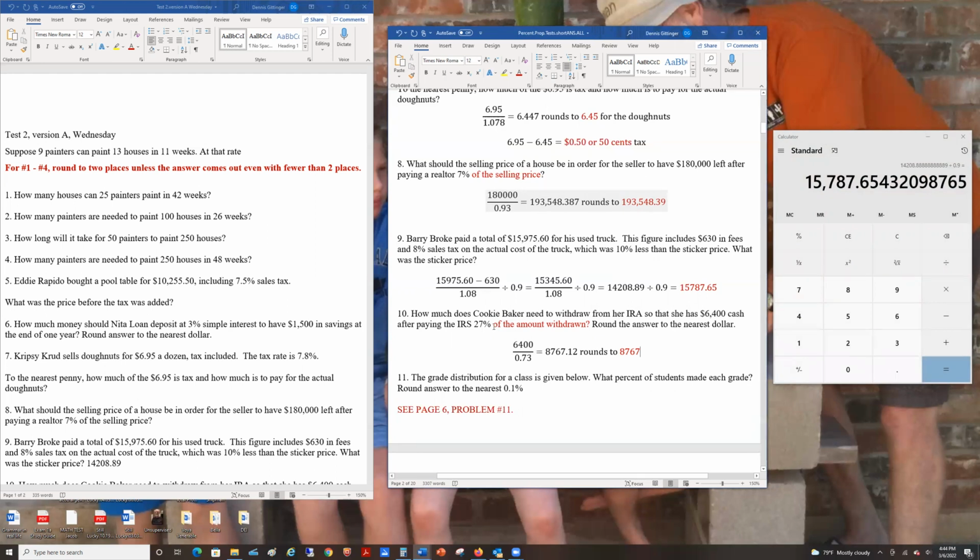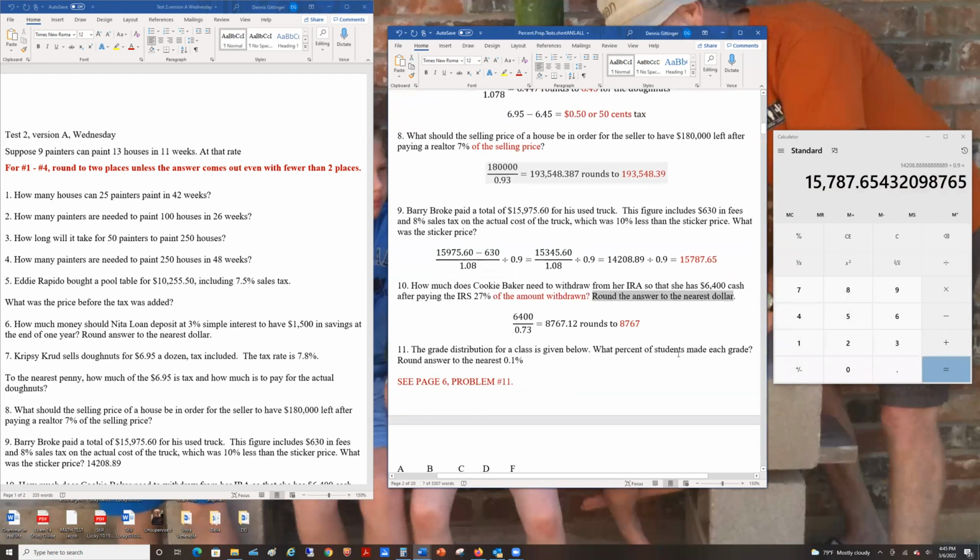That means the amount you withdraw times 0.73 must be 6,400. So I divide 6,400 by 0.73 and I get that. And I round it to 8,767 because why? It says round to the nearest dollar. And if it says round to the nearest dollar and you don't do it, you will lose points.